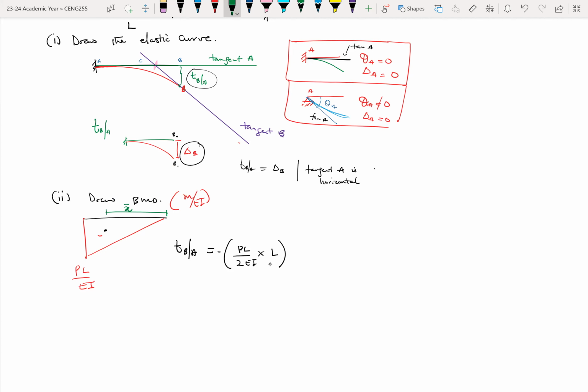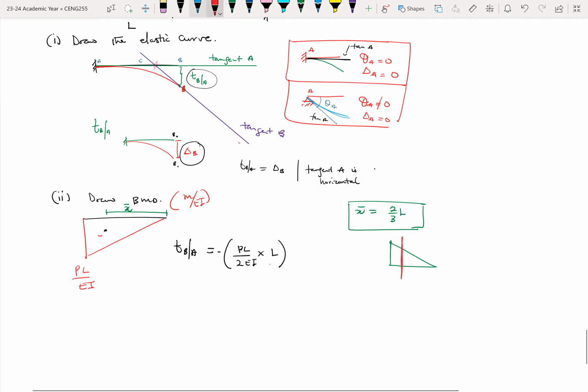X bar will be equal to 2/3 of L. If you have a triangle, let's say in this shape, your center of gravity has to pass through this line.